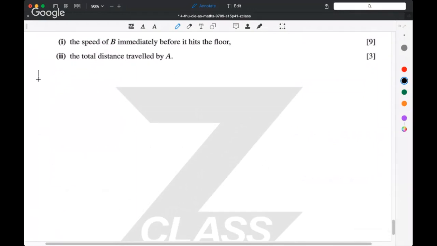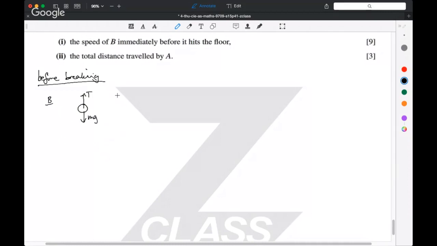So before breaking, it's going to be a multiple step question, which is why there are so many marks. Let's look at B. What are the forces acting on B? You have the tension in the string, and you have mg.